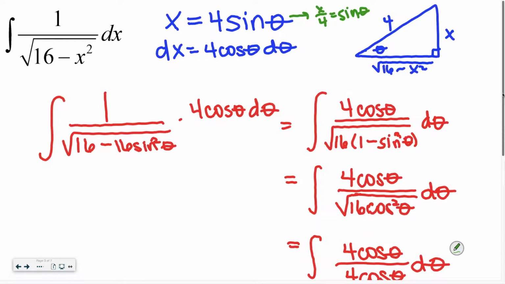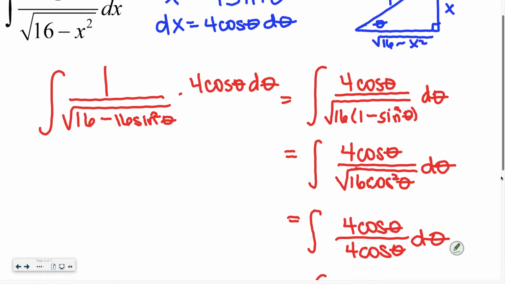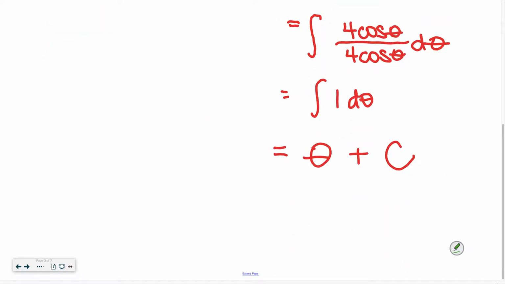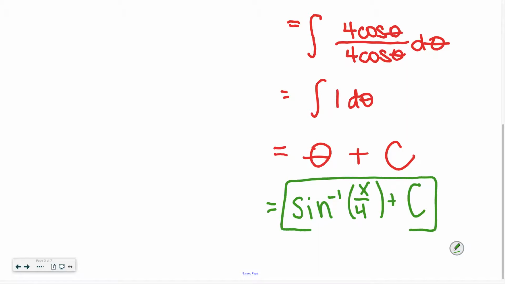You could still get it right with arc cosine of radical 16 minus x squared over 4, but the answer that I would appreciate would be the inverse sine or arc sine of x over 4 plus c.